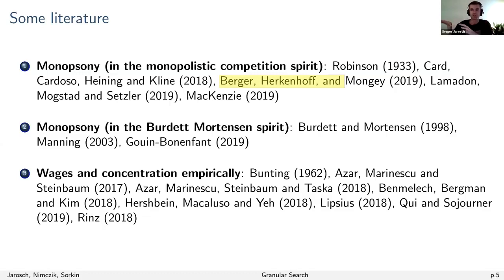The key distinction, in my view, between that body of work and ours is that we're really working in a setting where first, market power fundamentally derives from being sizable, being large, not from having a certain elasticity associated with your local labor supply curve. And second, our mechanism is a pure model of rent extraction.